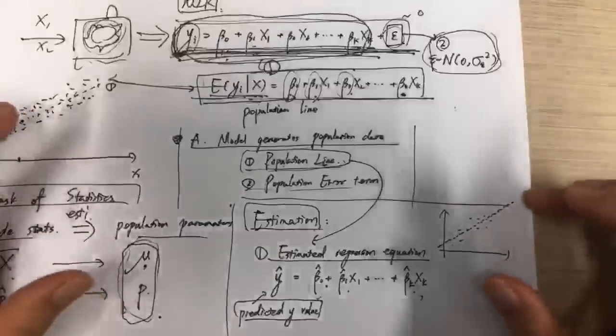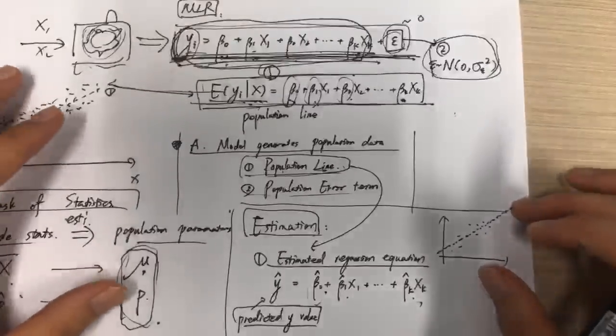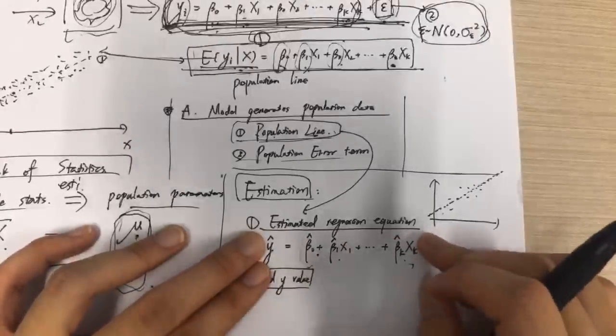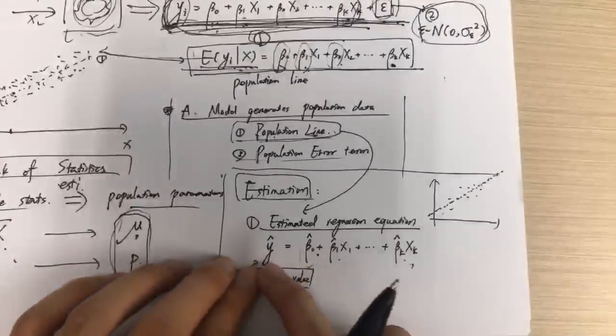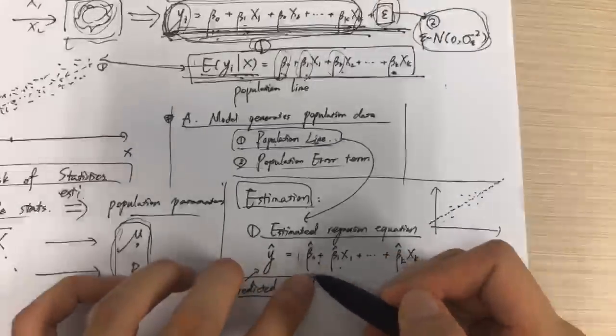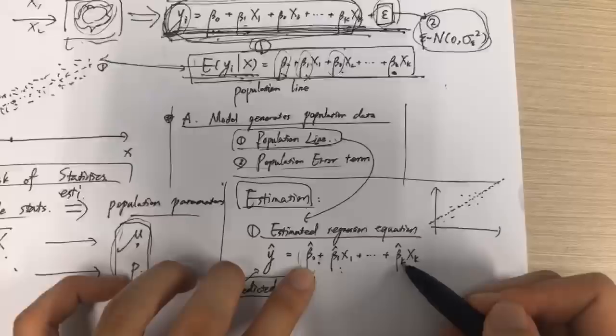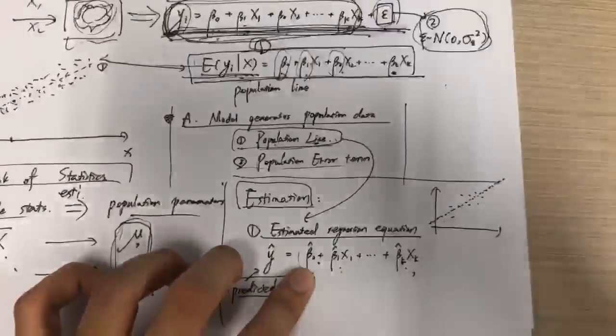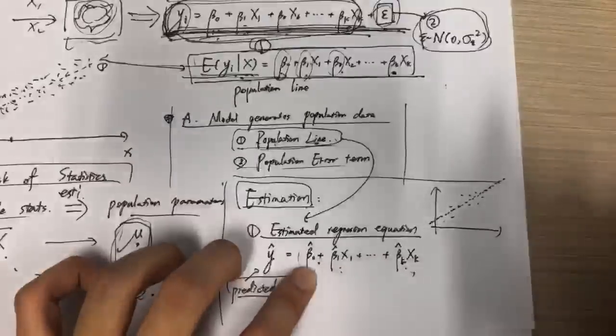Therefore, in your exam question, if you are asked to write down the estimated regression equation, then you should write y hat plus any estimated intercept value. All of those are values that you observe from the data, or you calculated using the least square method.